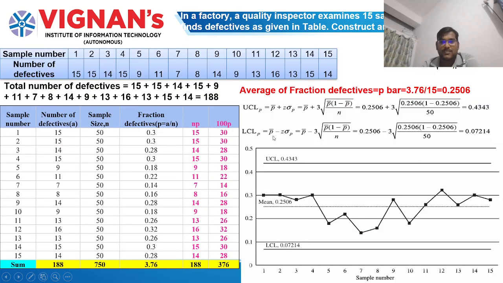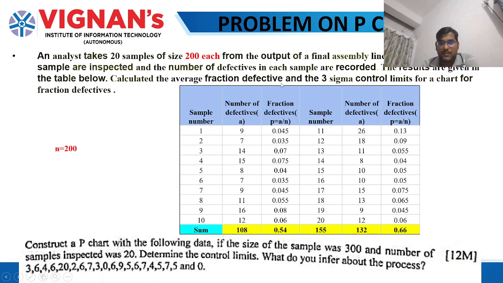In the previous formula, it is Z sigma P, where Z is 3 because they mentioned 3 sigma control limits. Even if it is not mentioned, you have to take sigma as 3 only. So you take the sigma value for fraction defective. Average fraction defective means you have to take the average of all the values.